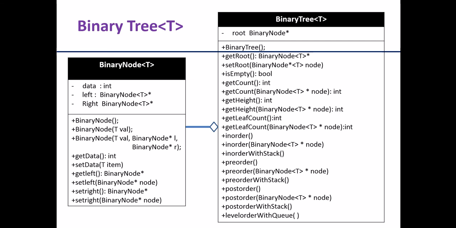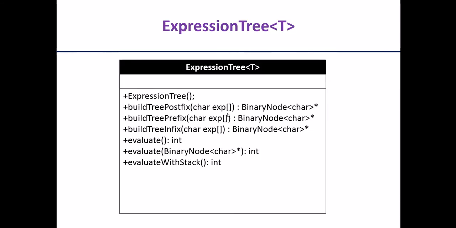So let's now implement this expression tree. We already have the binary tree implemented, and I showed you a few of the functions last time, and I hope you have completed this as a binary tree. And this is our binary node. Both are templates. So our expression tree may look like this.